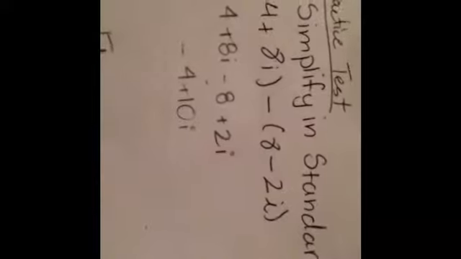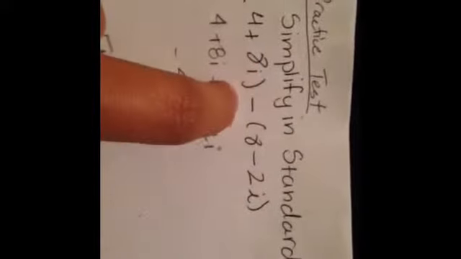Okay, so imaginary numbers. An imaginary number is represented by the letter i, and i equals the square root of -1. So we're just going to go over a simple subtraction problem: 4 plus 8i minus (8 minus 2i). What we're going to do is distribute the subtraction sign to all the numbers.